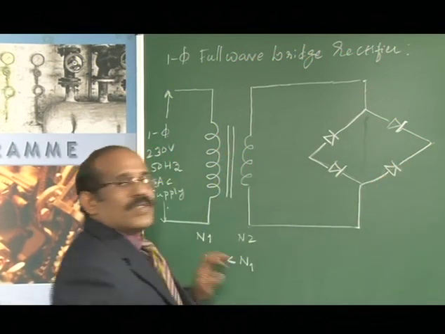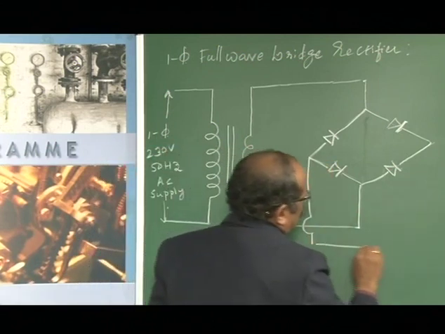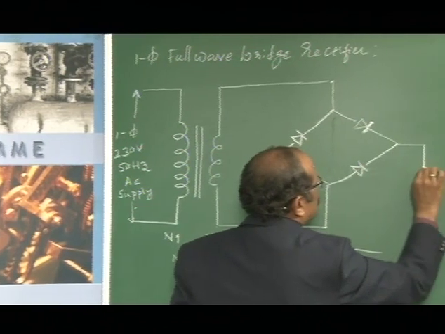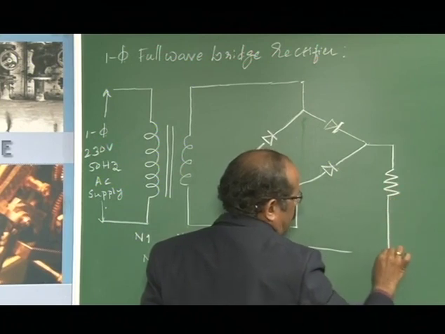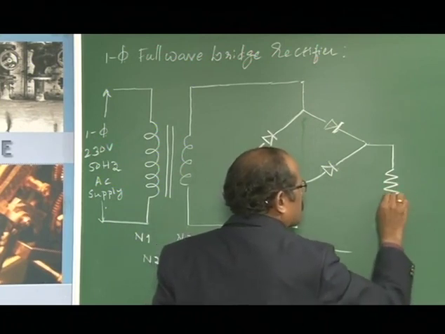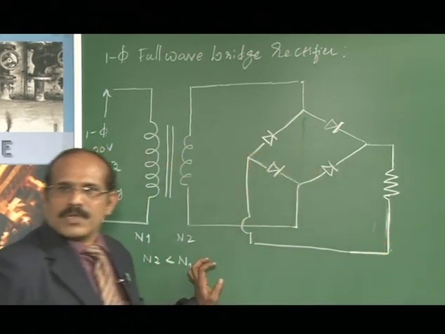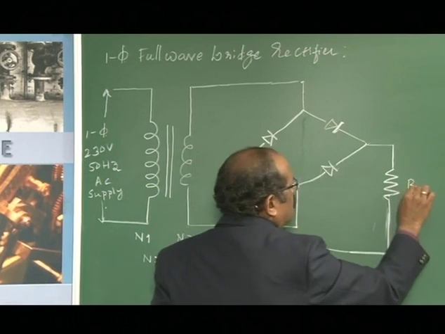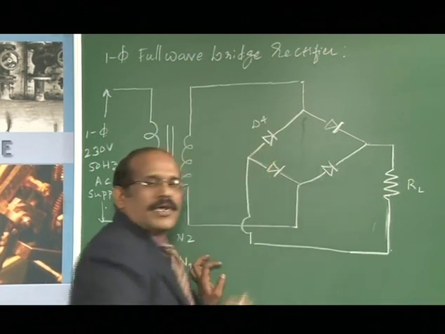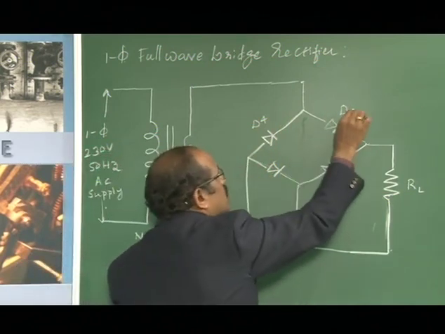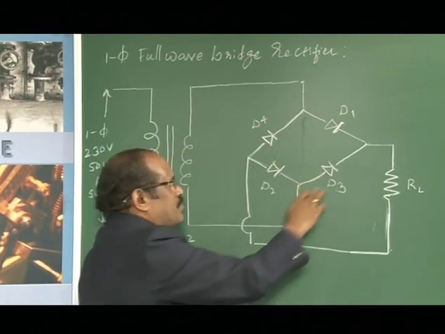And in this case we are connecting a load across it, I call it RL, and this is the diode D4, this is D1, and this is diode D2 and diode D3.